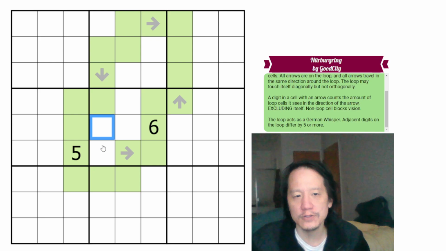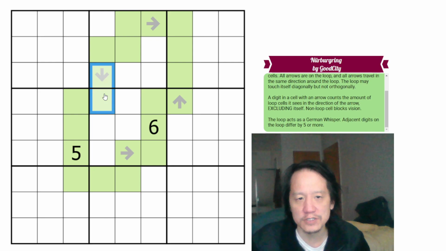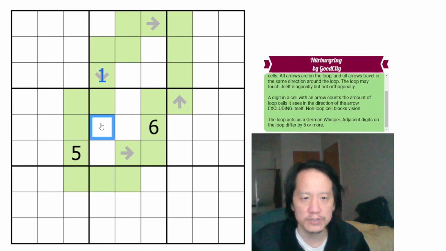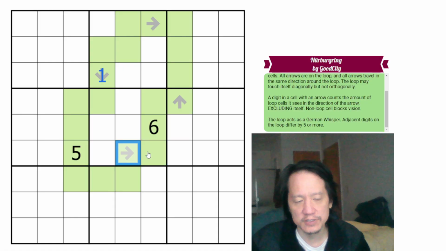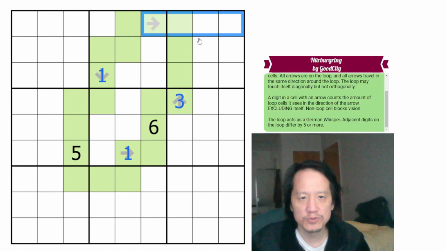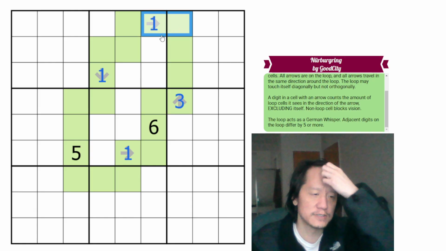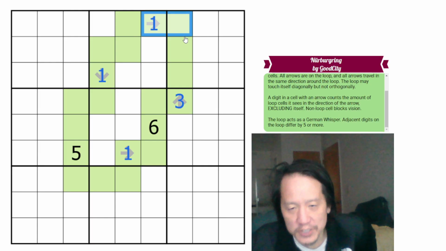But since non-loop cells block vision, it only sees this one, and it does not include itself. So this would be 1, and then it's blocked from the other one. This would also be 1 because it sees one cell and then it blocks. This would be 3 because it sees 3 cells, and this would see 1. But obviously this doesn't work because the arrows are pointing in the wrong direction anyways.